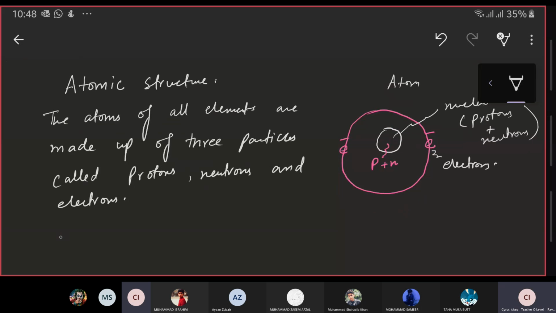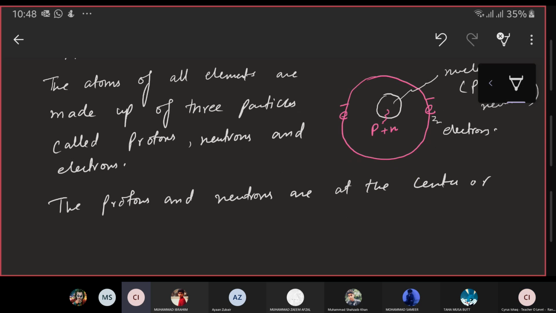So the protons and neutrons are at the center of the atom, in the nucleus of the atom, right? And the electrons orbit the nucleus. The electrons are orbiting the nucleus.